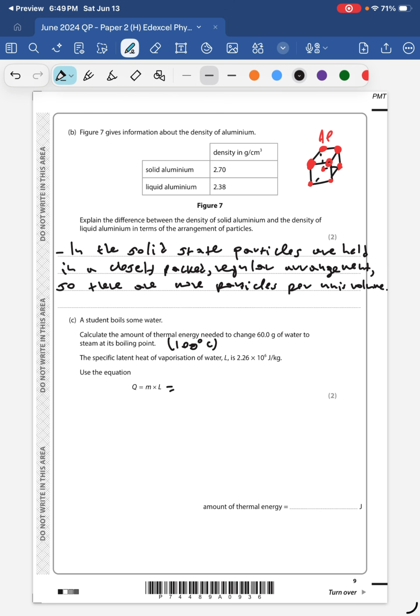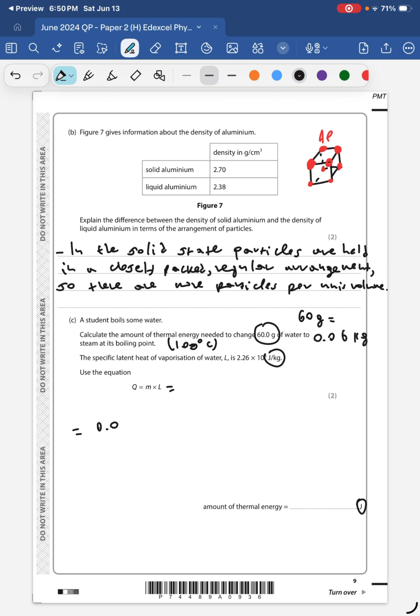So Q is mass times the latent heat, and we need to provide the answer in joules, and we are given the latent heat in joules per kilogram. Therefore, we need to convert the grams to kilograms. So 60 grams is 0.06 kilograms.